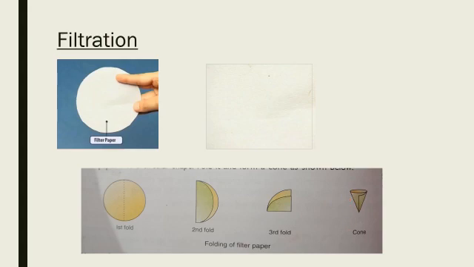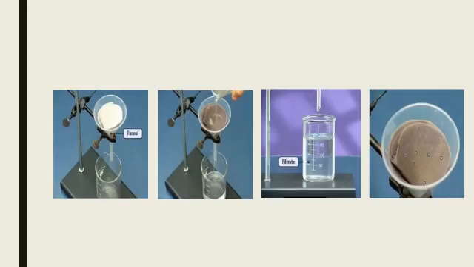Okay, and then what we have to do, we have to fit this cone inside this funnel, and then we will place this funnel on the funnel stand. This is the funnel stand.